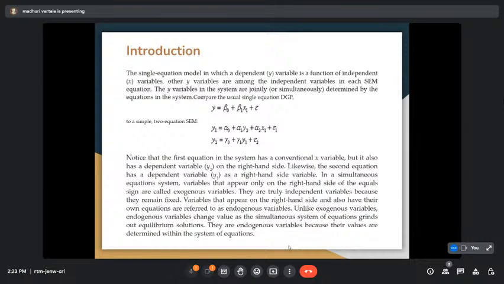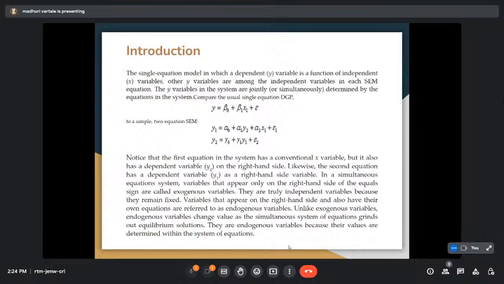The single equation model is shortly known as the same equation. The y variables in the system are jointly, simultaneously determined by the equations in the system. So we will compare the usual single equation in this system.